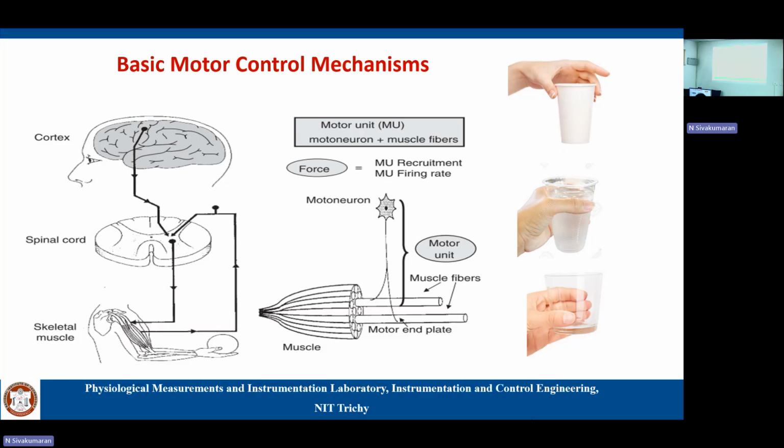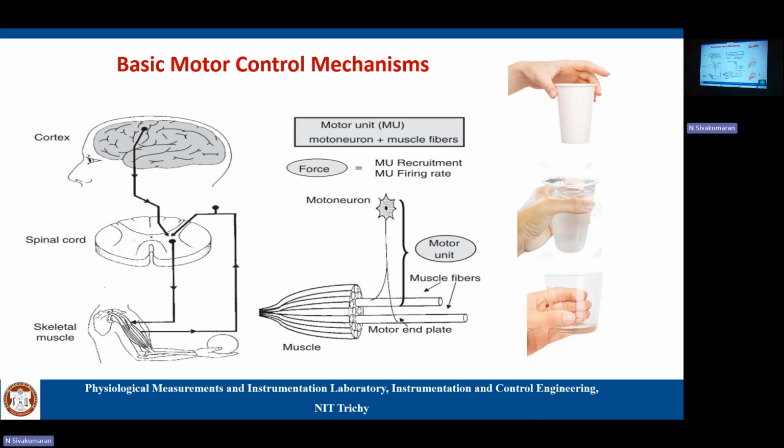This is the basic control mechanism, right? Whenever we do a movement, in this case the person is trying to hold the ball. To complete this activity, the muscles alone will not be sufficient.